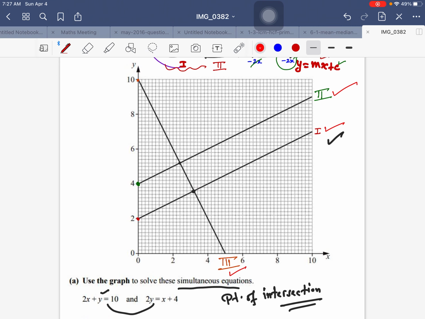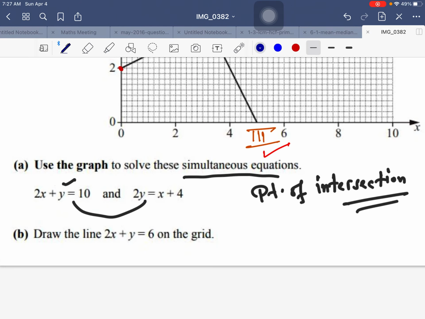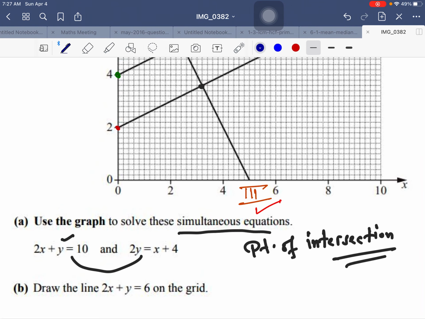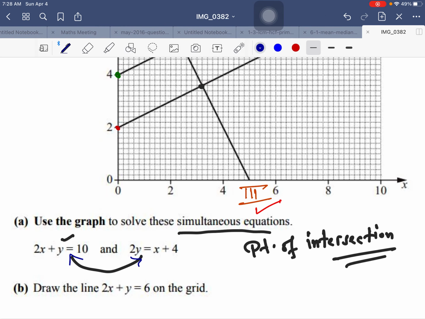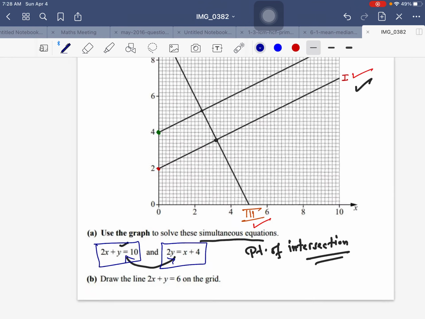After recognizing the graph, it's quite easy. We can find the solution to the A part. What he was asking in A part, look at here again. In A part, he's saying use the graph to solve these simultaneous equations. Means we have to find a joint solution of these two equations. What are these equations?